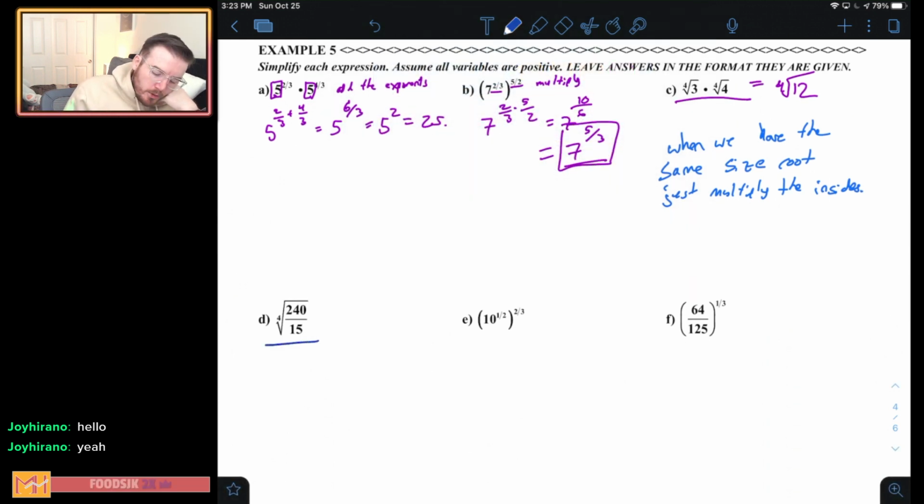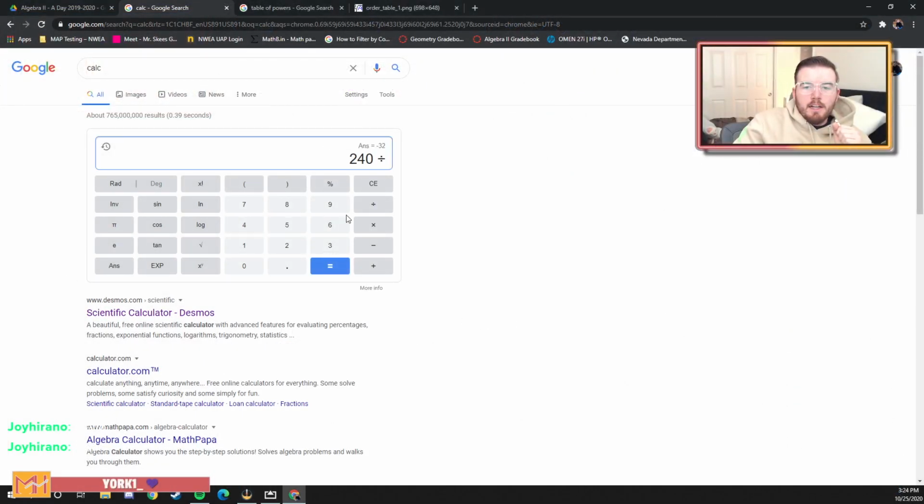Taking a look at this, all we're trying to do is simplify. So the 4th root of 240 over 15. We can actually reduce 240 over 15, right? 240 and 15 are both divisible by 15. 240 divided by 15 is actually just 16.